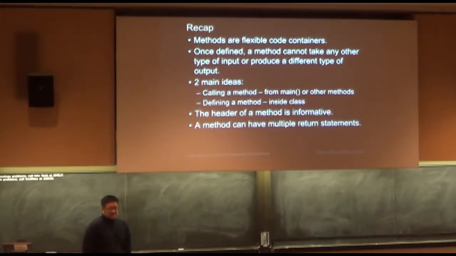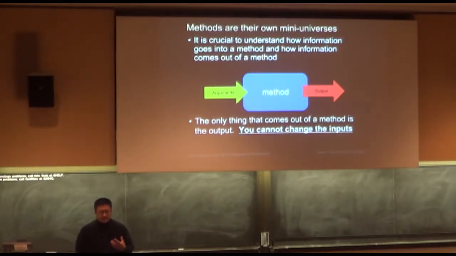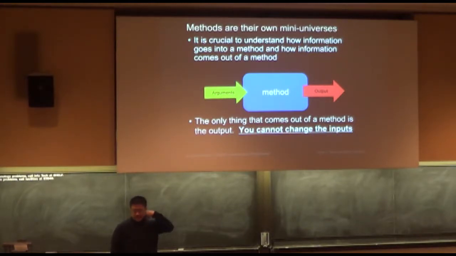We achieve that flexibility by having well-defined input and well-defined output. Because of this status of being a kind of mini universe where the method has arguments as inputs and outputs, and because you can't change the inputs, we chafe at the different ways of using a method, and we try to use them very creatively.